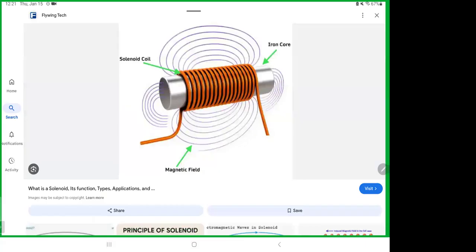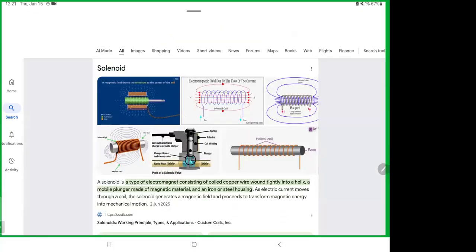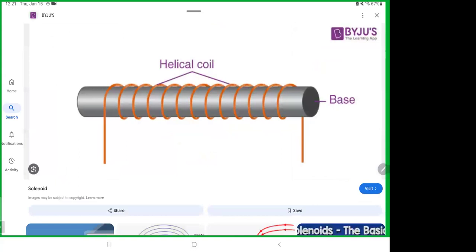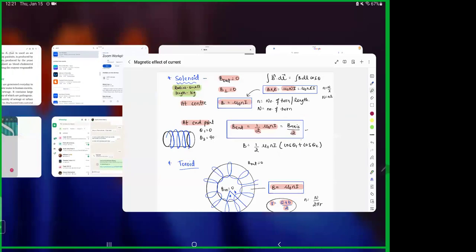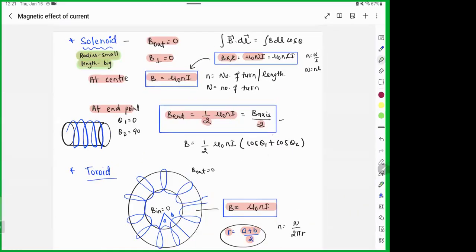Solenoid coil. So around the material you have coiled wire, that is a solenoid. What happens? You usually take a small radius and very big length.